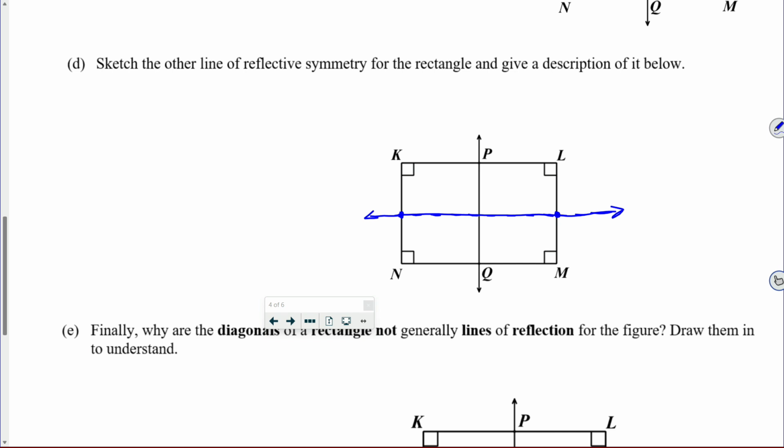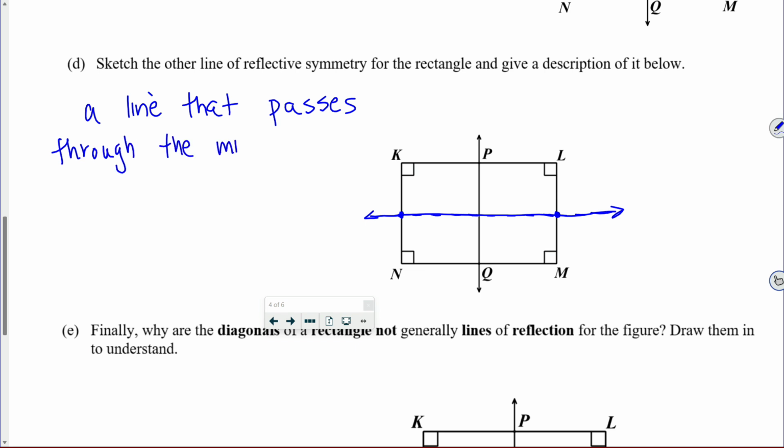But it will be a line that passes through the midpoints of sides KN and LM.